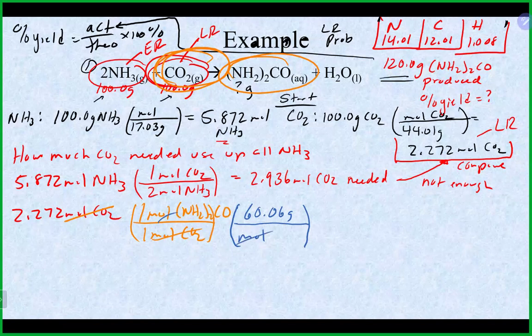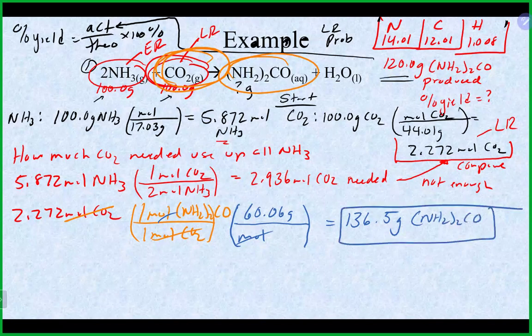Those will cancel. It gives me 2.272 times 60.06, basically about 136.5 grams of my product here. And this would be my theoretical yield. Any questions on that there?